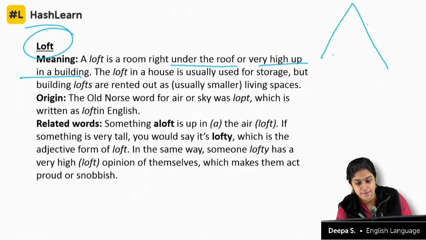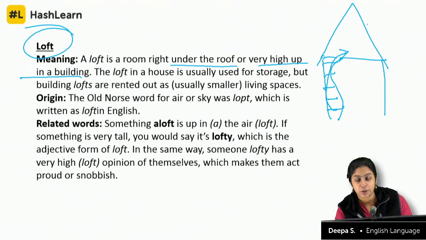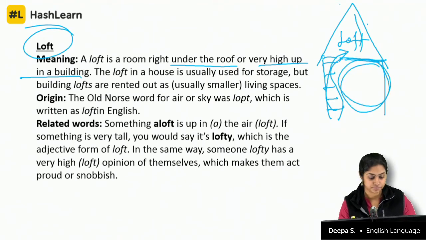So let's say this is the house. What they do is they have stairs and it leads to the loft. They have wooden boards here. This becomes the loft, while this is the actual house.